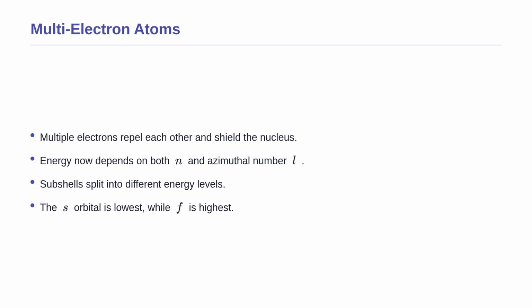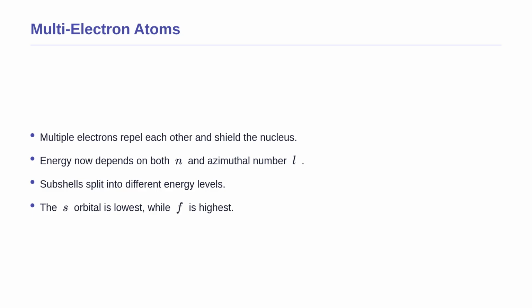The energy of an orbital now depends on both the principal quantum number n and the azimuthal quantum number L. As a result, the subshells within the same principal level split into different energy levels. The s orbital is generally the lowest in energy, followed by p, then d, and finally the f orbital is the highest.